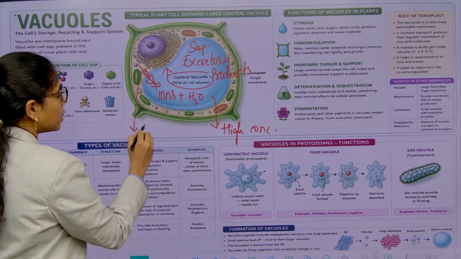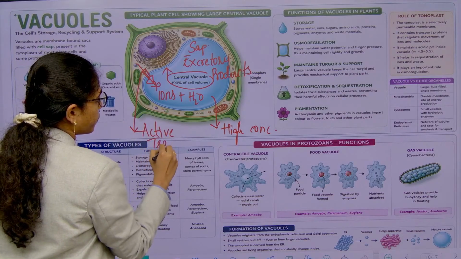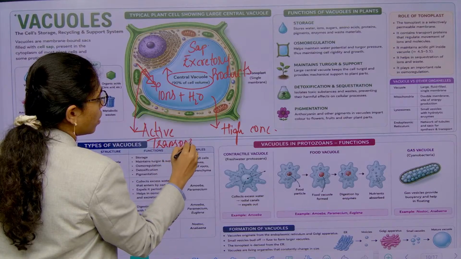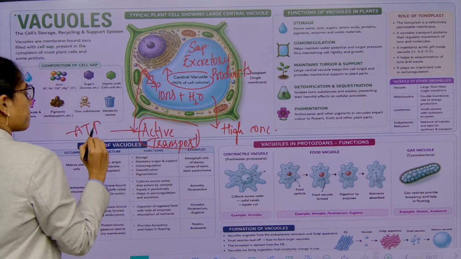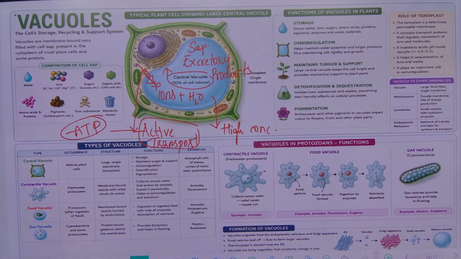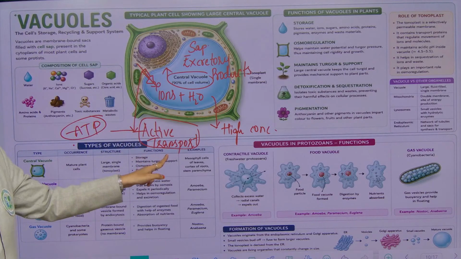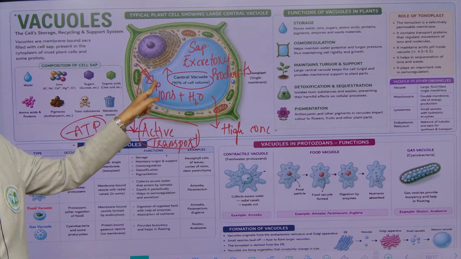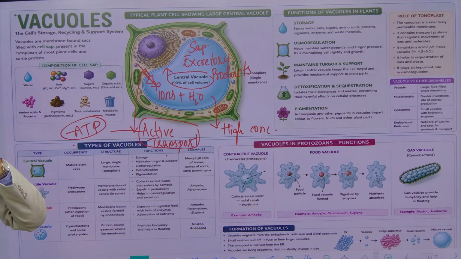You remember, this is via active transport, and this requires what? ATP. The movement is via active transport. Is this across the concentration gradient or against the concentration gradient? Against the concentration gradient. Clear, right?